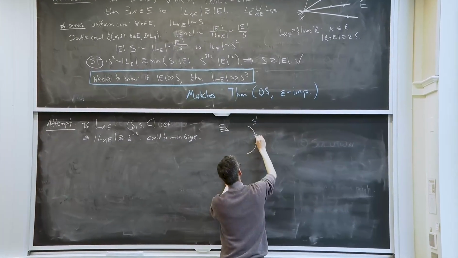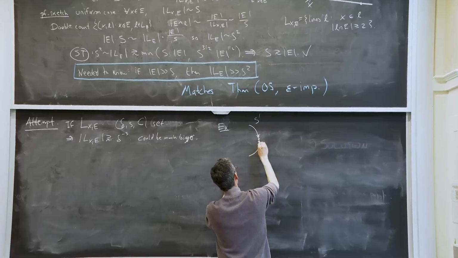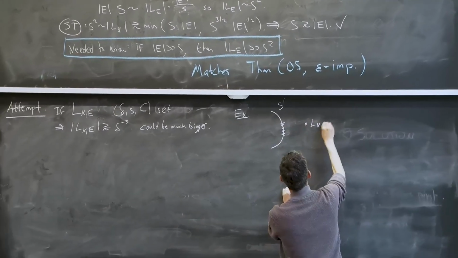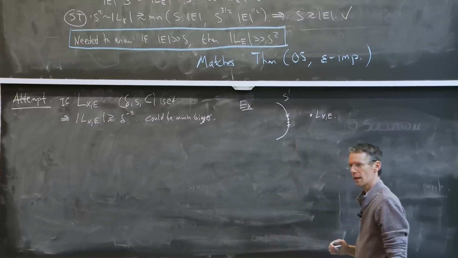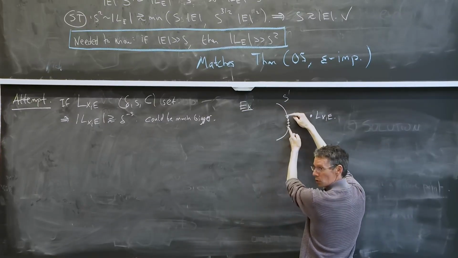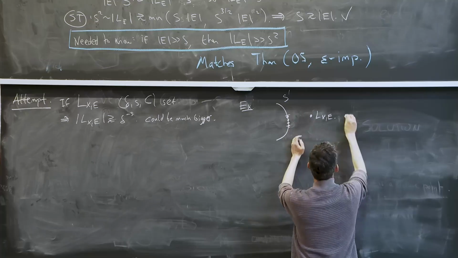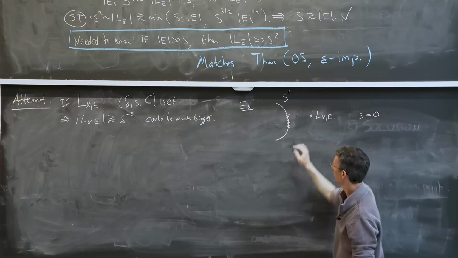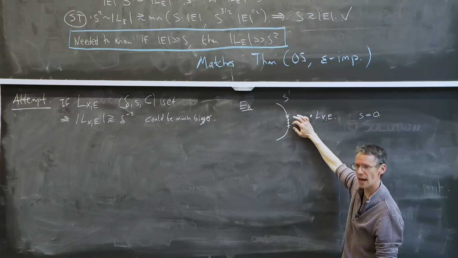And maybe L_x^E is clumped like that. So these dots represent L_x^E. So if L_x^E was really clumped into a much smaller interval, then s would actually have to be 0. This is not a delta-s-c set except for s equals 0.